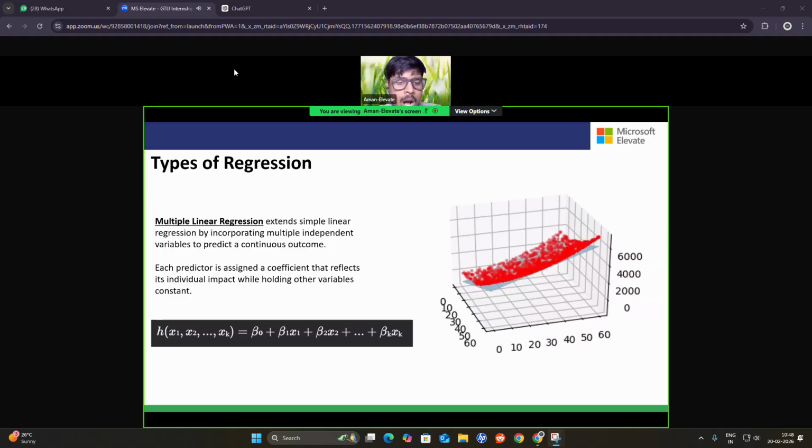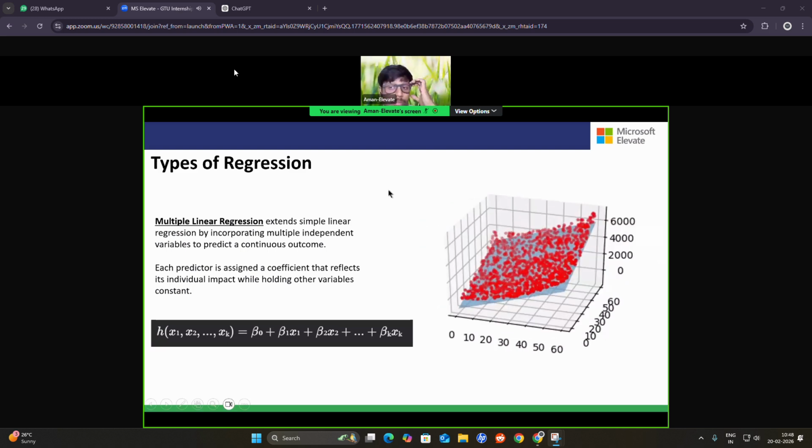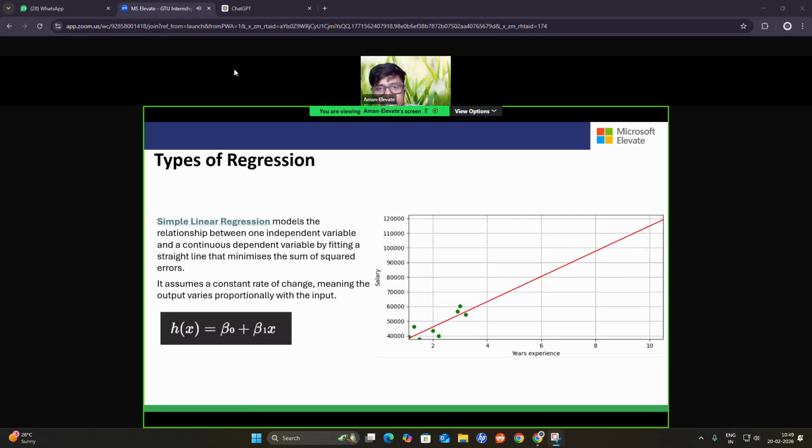Right? Now there is a homework question. Guys, can you see a line in this? That's why it is a simple linear regression.